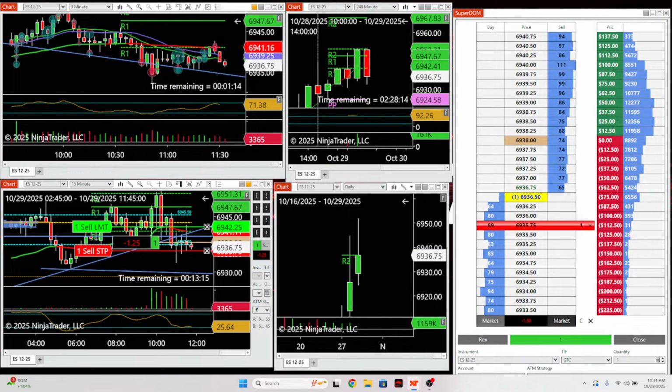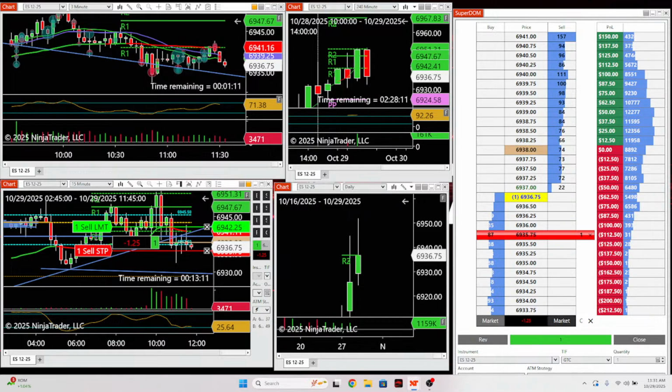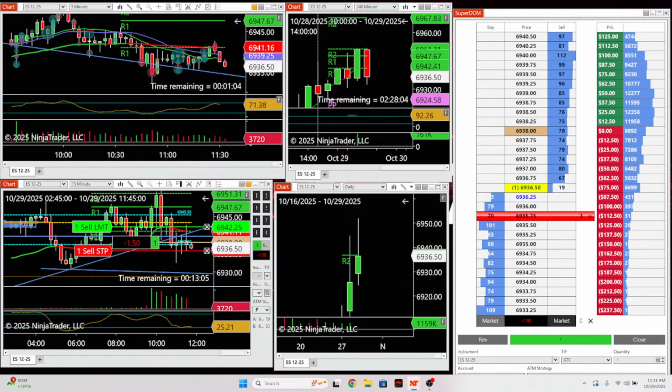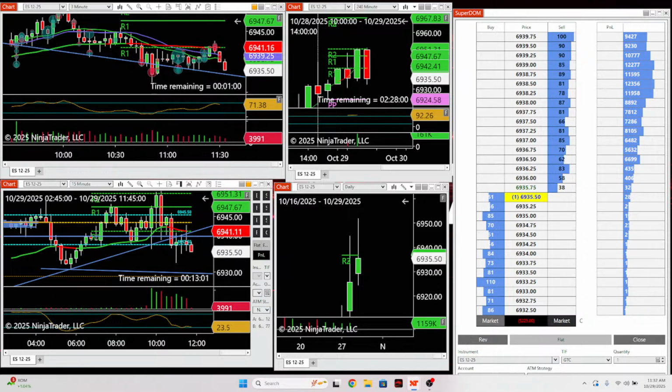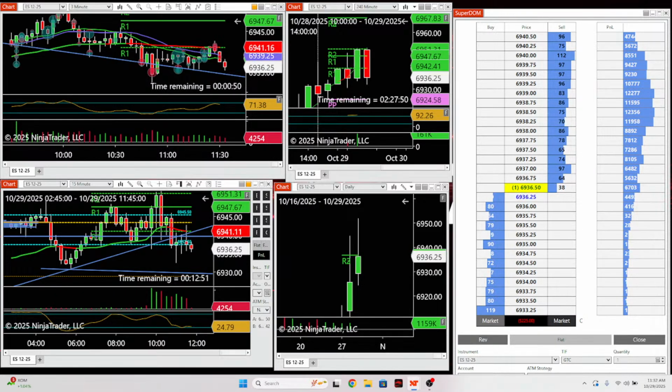Nah, I may be on the side of getting squeezed. Yep. Thought it was gonna take off on this. We're gonna get a bounce off of here. Off this 38, 37, 38 again.